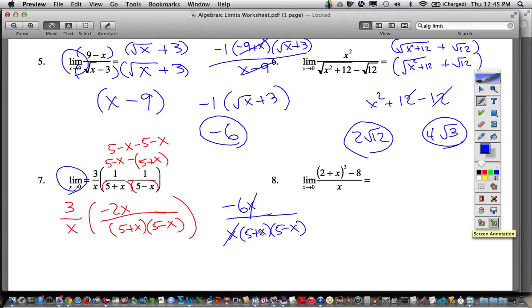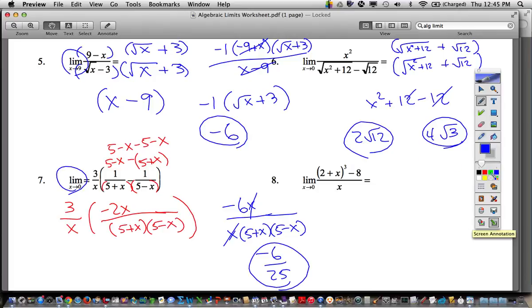So 5 times 5, so I get negative 6 over 25. And the conversation we were having earlier: if you have 6x on top and an x on the bottom and you cancel the x's, that does not give you 5x, right? It's not like you took away that. If it was x to the 6, that would be, no. There's one x on top, one x on the bottom, they cancel, and you have that.